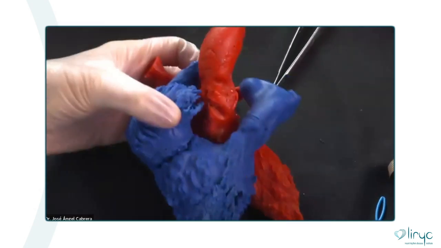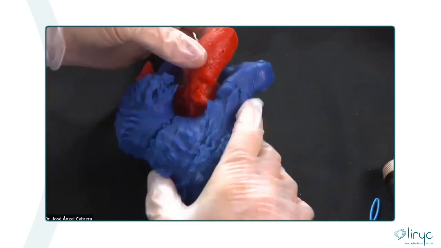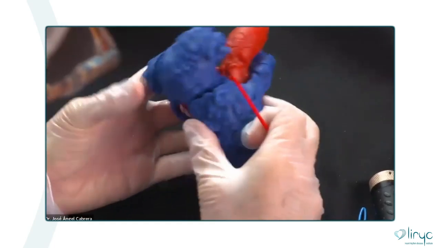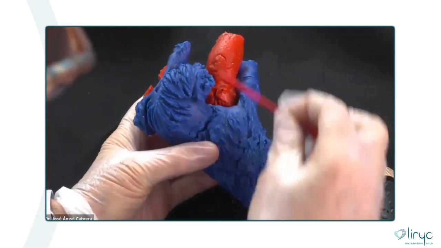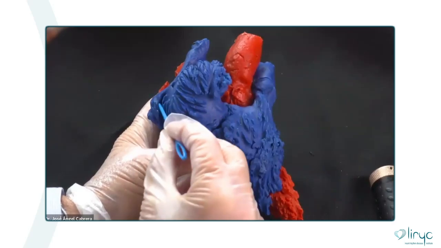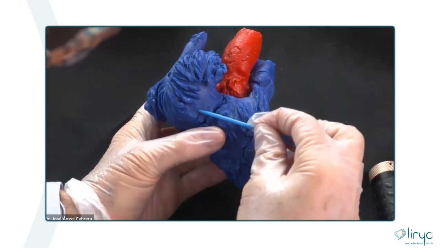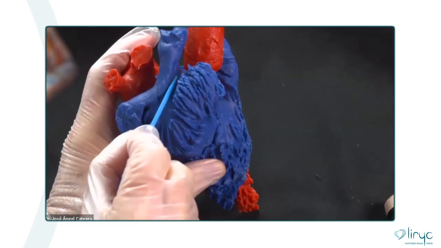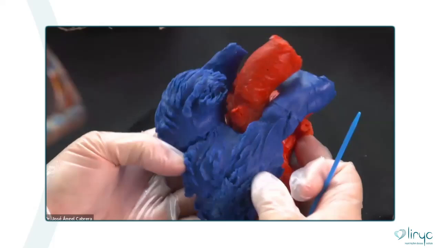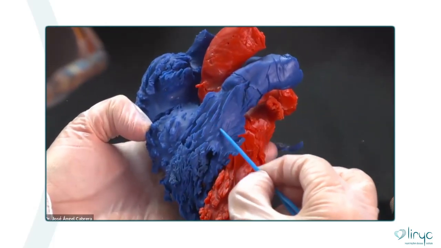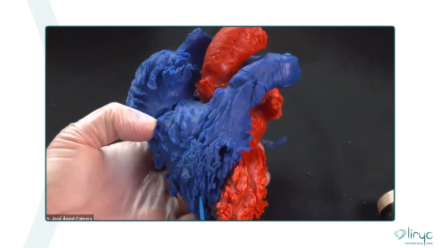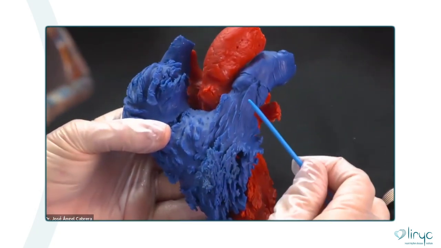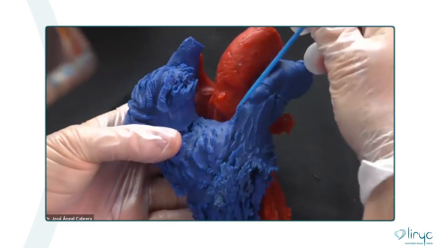In this endocast, note that this is the right, this is the aorta, this is the superior vena cava, this is the inferior vena cava. Note the appendage, this is the vestibule, this is the terminal crest, and here we have the sinus node, and note that this is the outlet, this is the inlet, and this is the apical component. And note that in between the outlet and the inlet, we have the aorta.